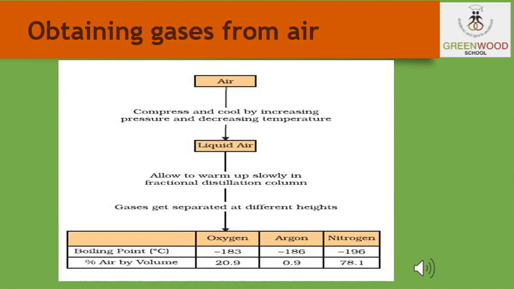Thus liquid air is obtained. This liquid air is allowed to warm up slowly in a fractional distillation column, where the gases get separated at different heights depending upon their boiling points. For reference, you can refer to the picture given in the slide.